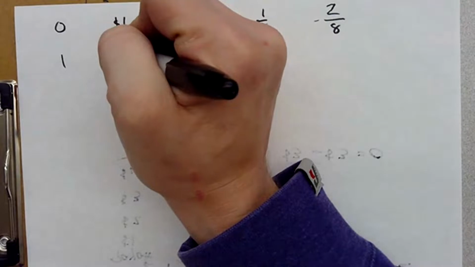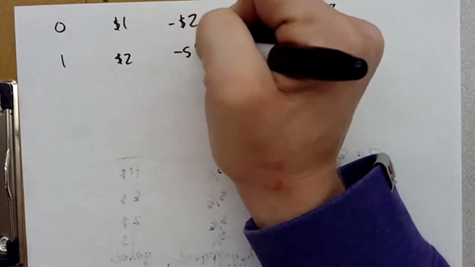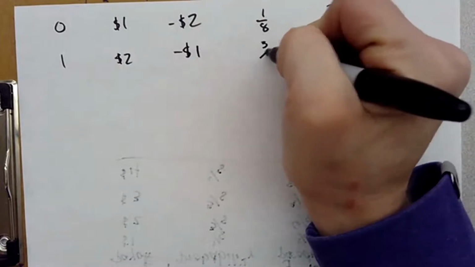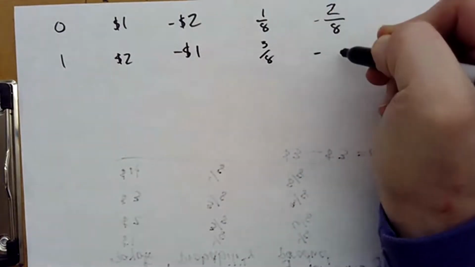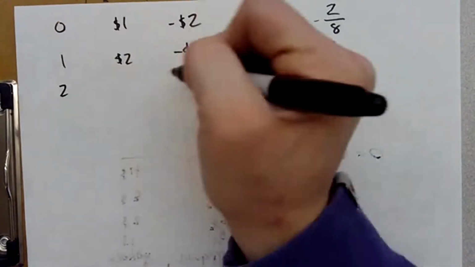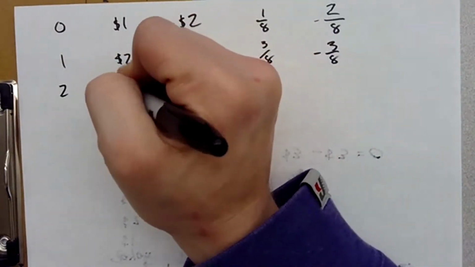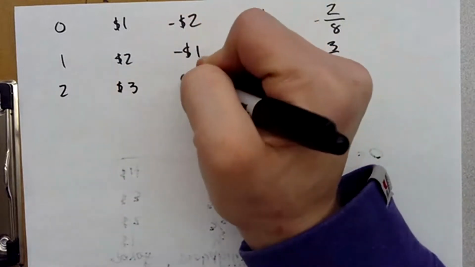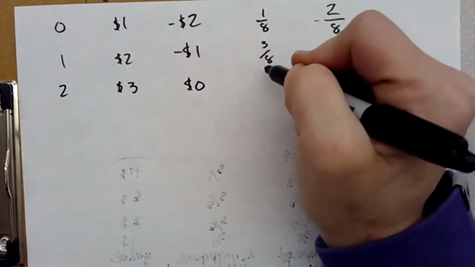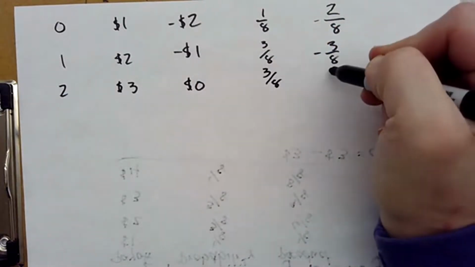Well, we get $2 for that, but that means we have a net winning of -$1. Probability is 3/8, so that's -3/8. For 2 heads, we'd win $3. Net winnings are 0. 3/8 times 0 is 0.